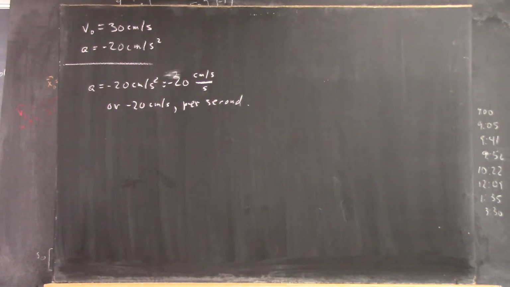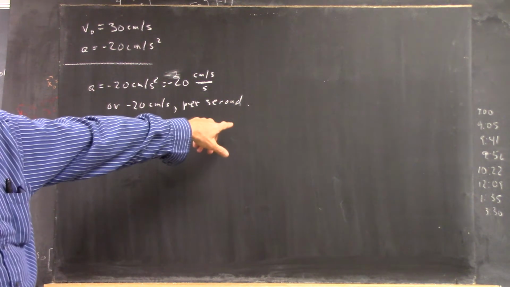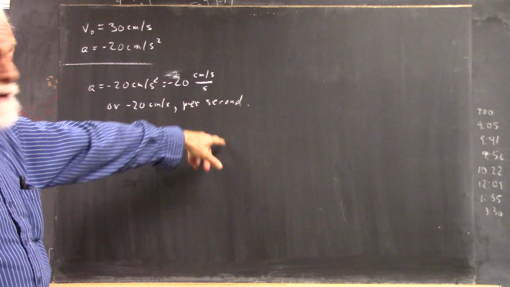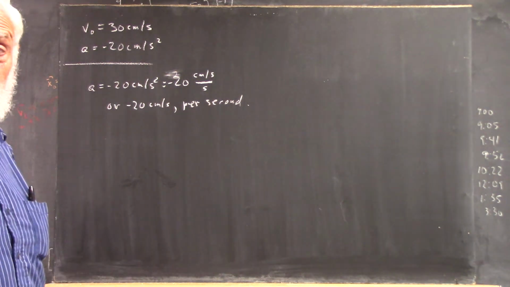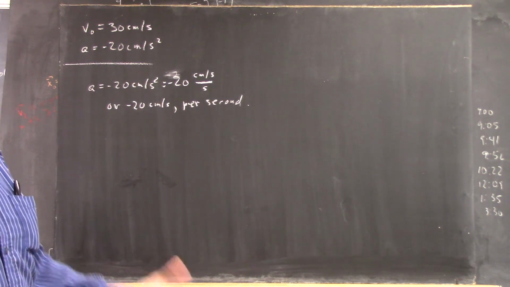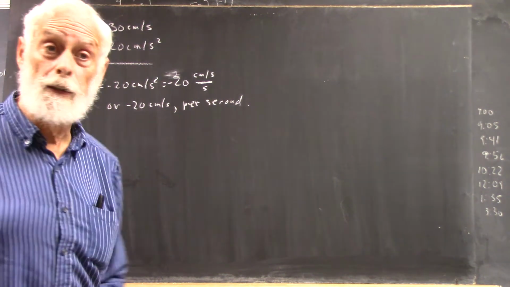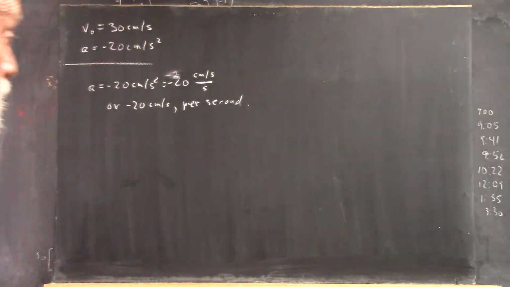Okay? Now, if your velocity is changing at negative 20 centimeters per second, and you start at 30 centimeters per second, what do you conclude? Well, after 1 second, the velocity will have changed by negative 20 centimeters per second, right? Okay?